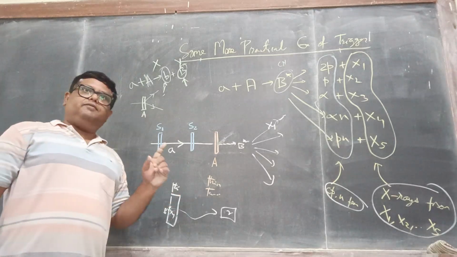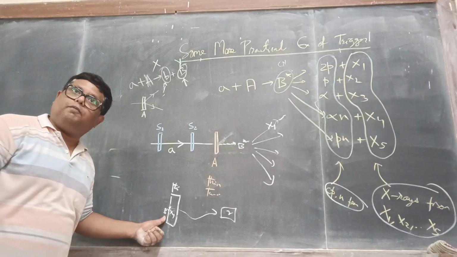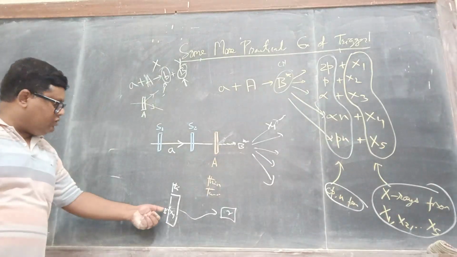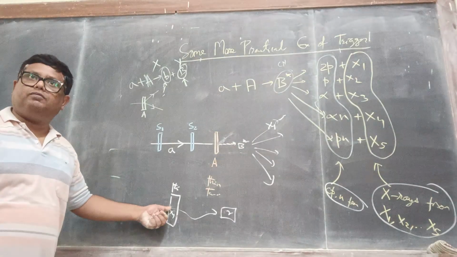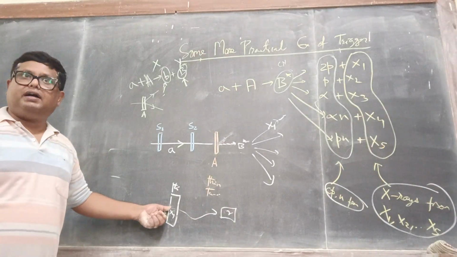Now, in the thick target, Doppler broadening can also happen. How? Suppose the B star is formed and is still not at rest inside the thick target.